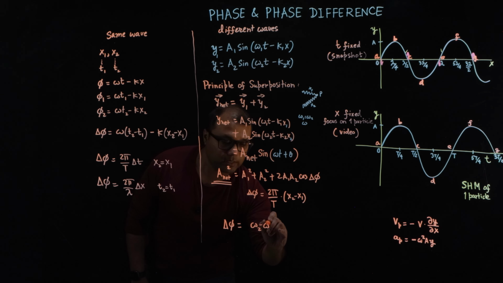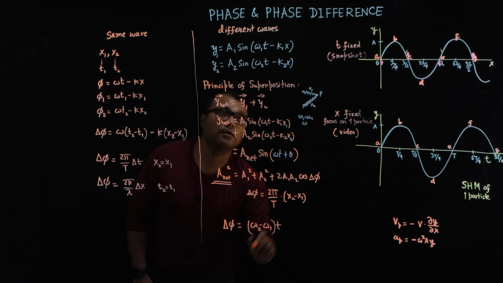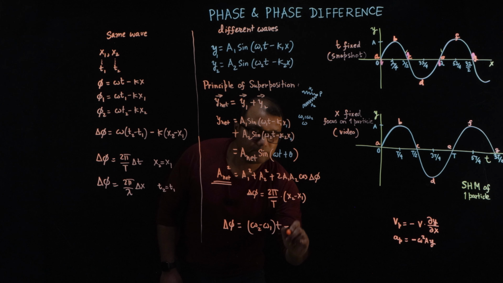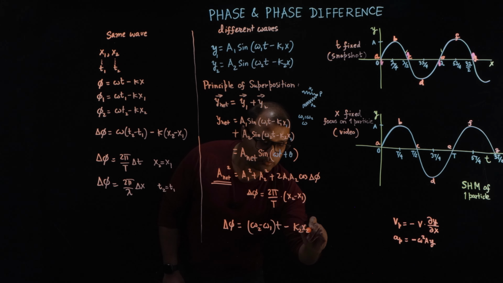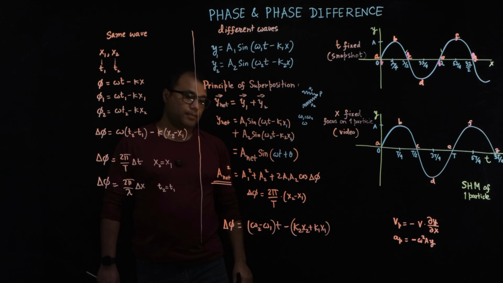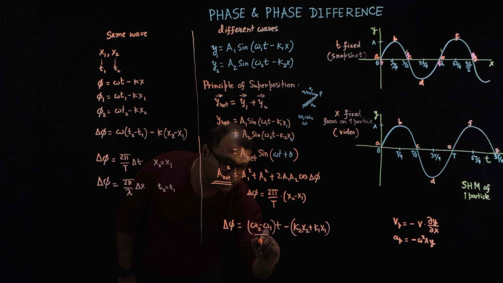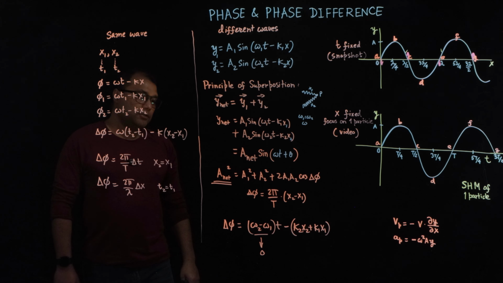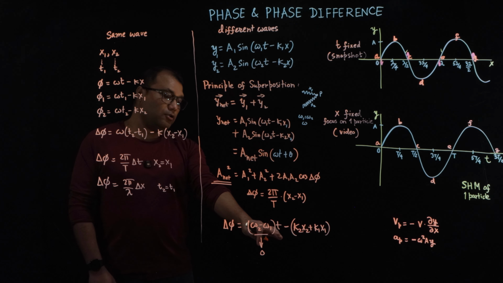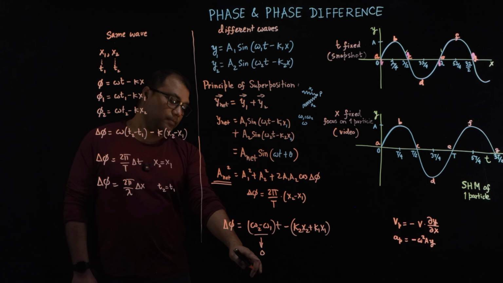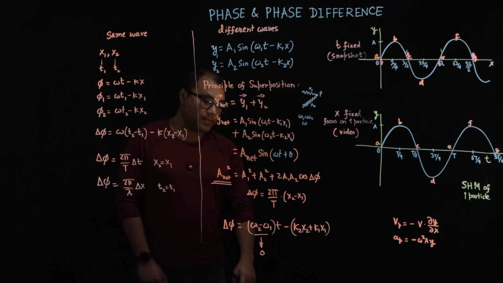Omega 2 minus omega 1 times t, plus, we can write, k2 x2 minus k1 x1. If both were coherent, then this term will be 0. So the phase difference will not depend on time if both are coherent.